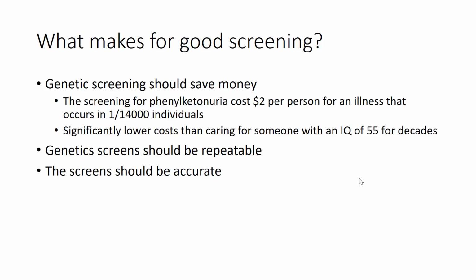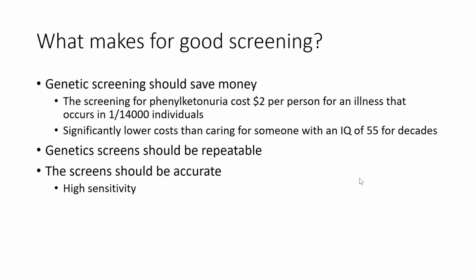Another thing is the screen should be accurate. So it's one thing to have two random geneticists come to the same conclusion. It's another thing to have those two random geneticists come to the correct conclusion. And so these screenings should be accurate, and there's really two parts of that. One is they need to have a high sensitivity.